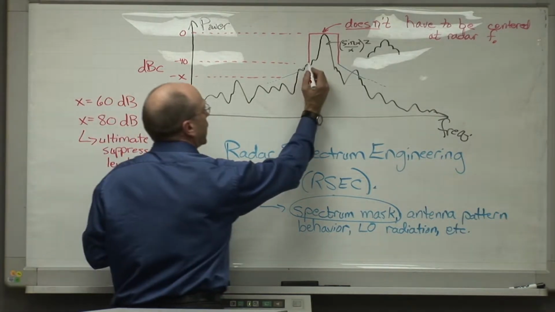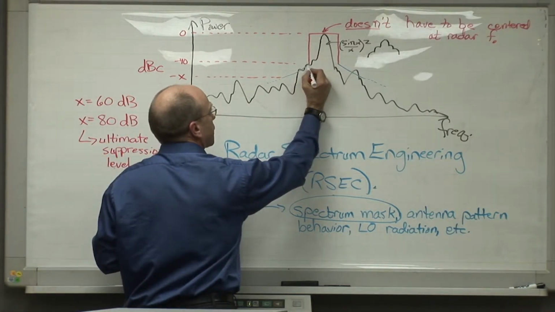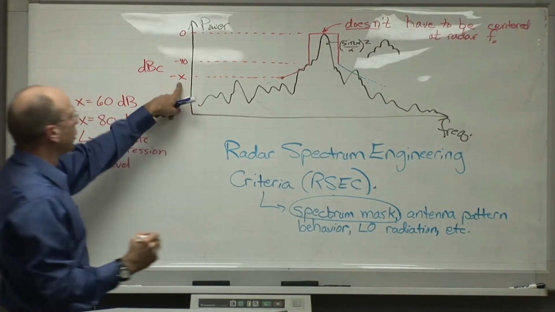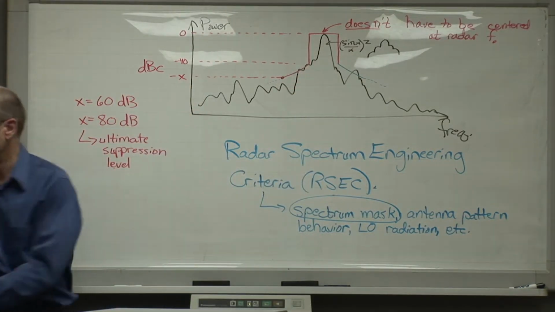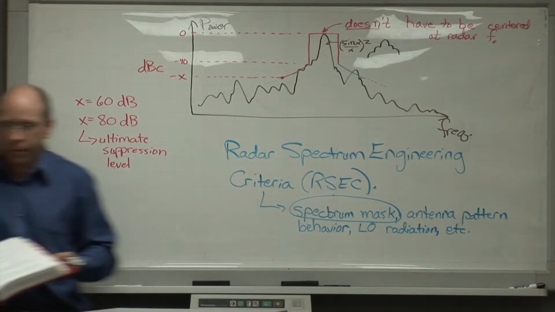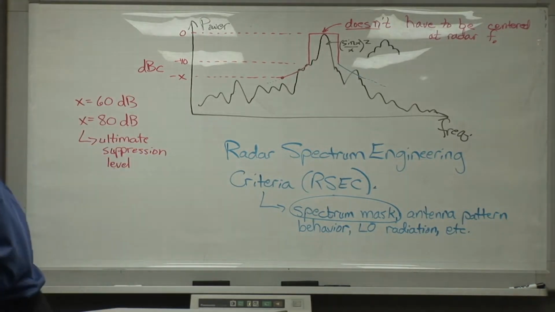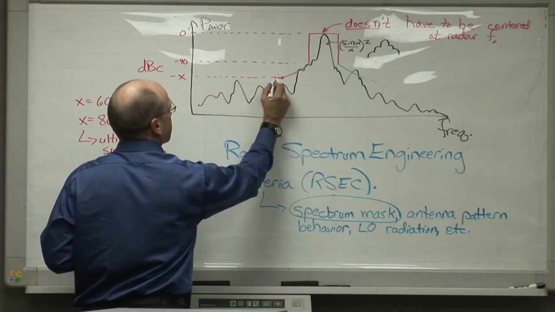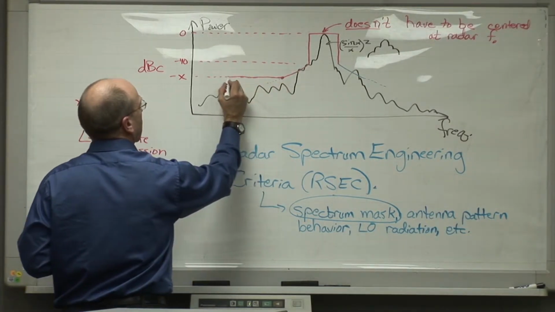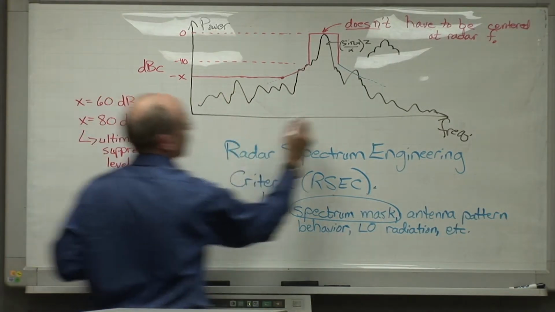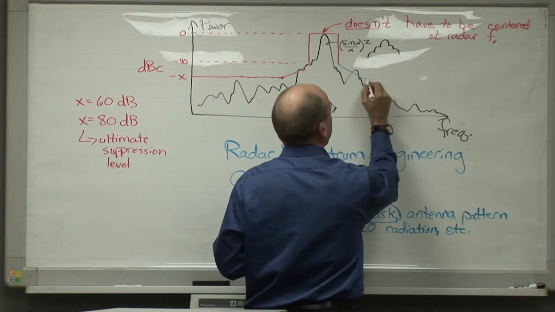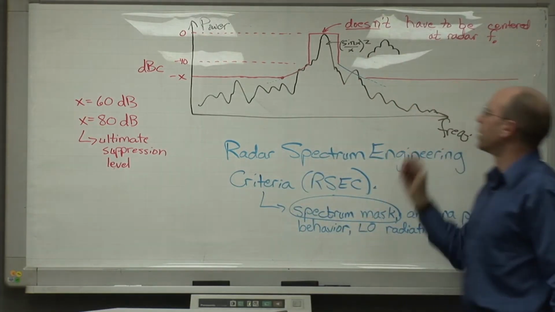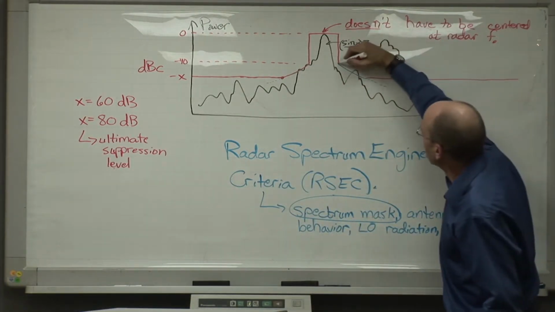And the way that we finish off the mask is to draw this sloping line down like this until it hits that ultimate suppression level, which is defined in, again, the Redbook for the type of radar that you're working with. And then at that point, we draw the mask out like this at that ultimate suppression level, and the mask is drawn out indefinitely on either side of that.